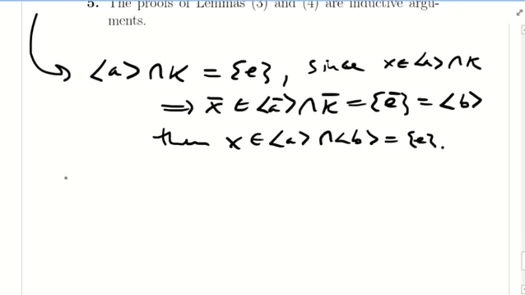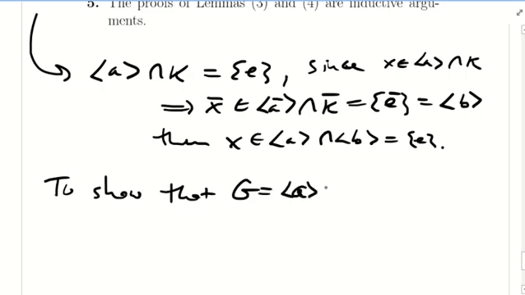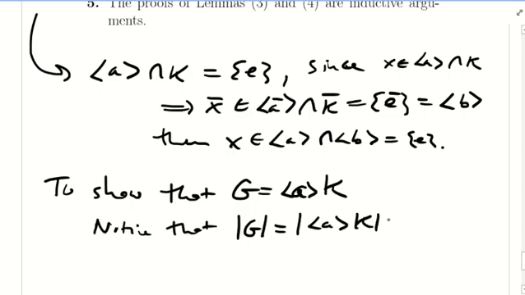To show that G is equal to A times K here, notice that the order of G is equal to the order of this product of subgroups, because that's the order of A times the order of K divided by the intersection, which we know is trivial.